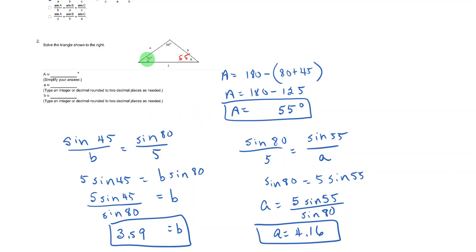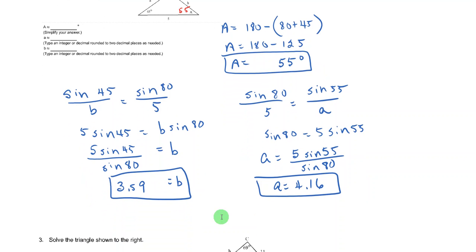So sine of 45 over B is equal to sine of 80 over 5. Remember, you just want one missing part when you fill it all in. So then you cross multiply. So you have 5 sine 45 equals B sine 80. We divide by sine 80, and we say that that's equal to B.